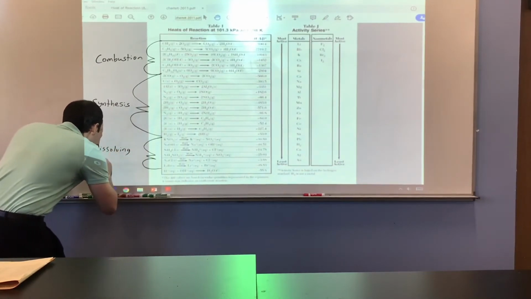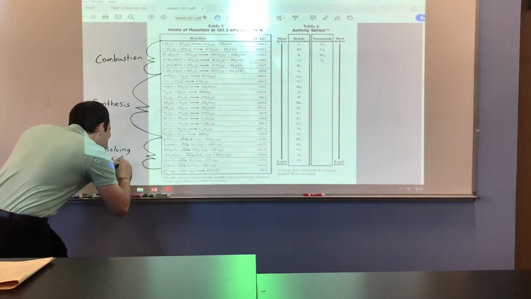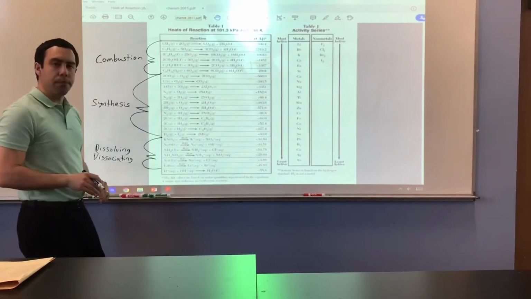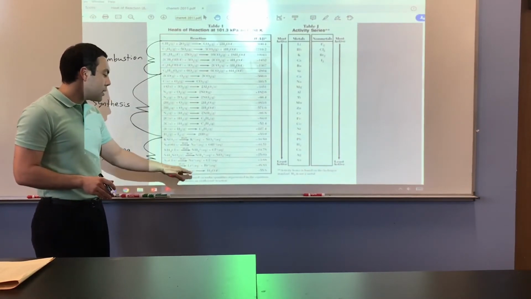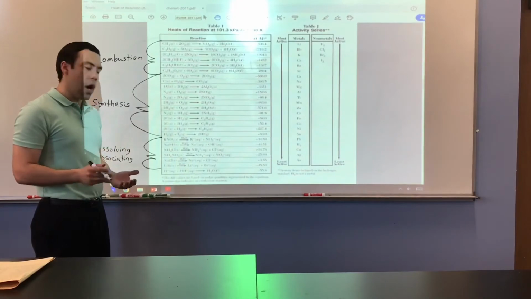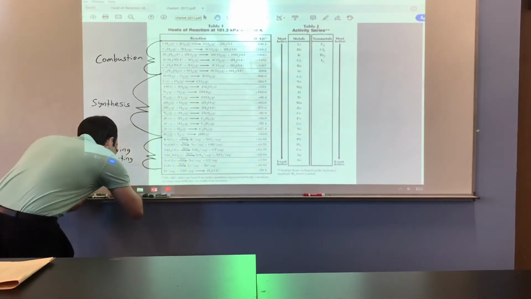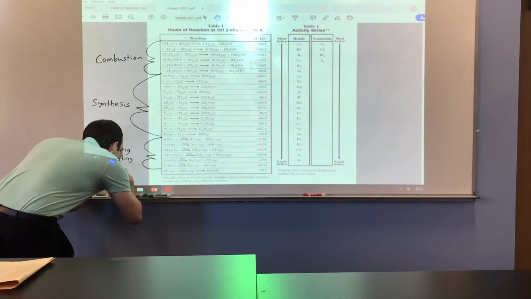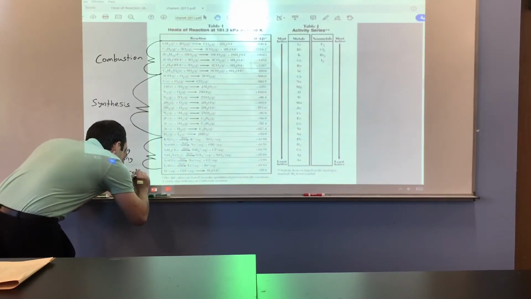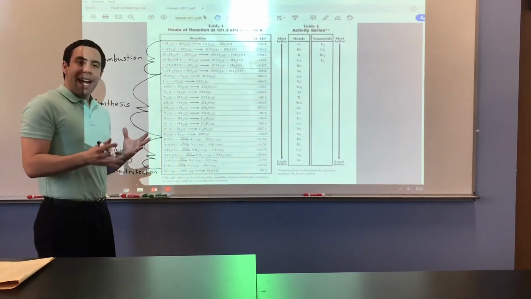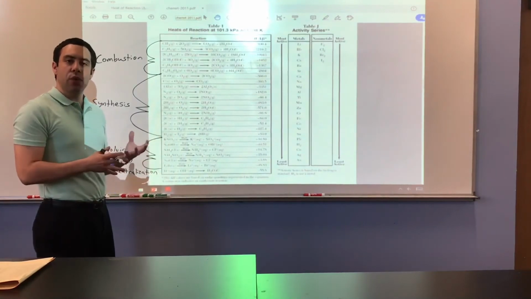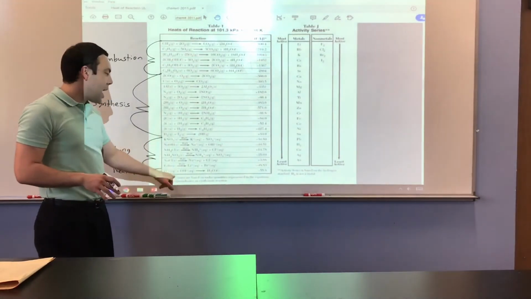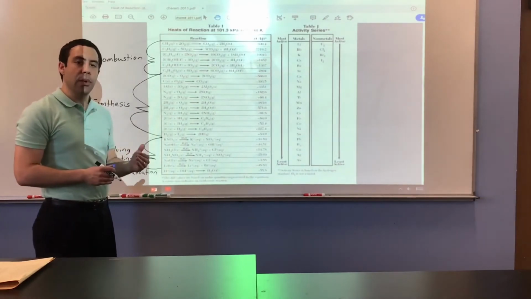The final one, H plus OH minus goes to H2O. That is a neutralization reaction. When you add an acid to a base, they neutralize each other. They get closer to a pH of 7. That's what's happening down here. We'll learn more about that in the next unit.